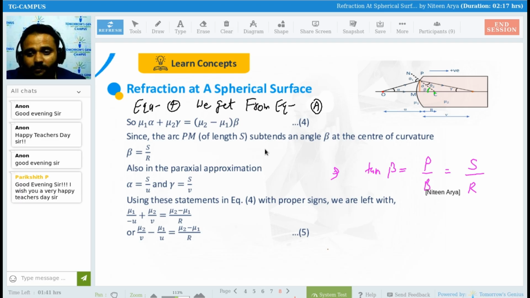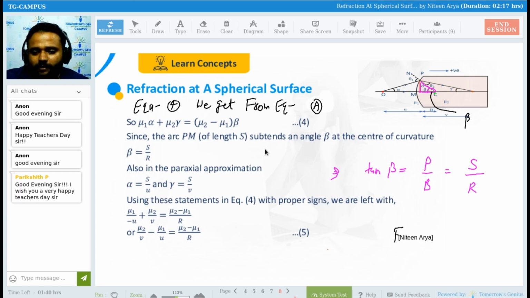And from this perpendicular and base, if the angle is very small, I can take this curve as a straight line of length S. So I can do tan beta, which is perpendicular upon base.